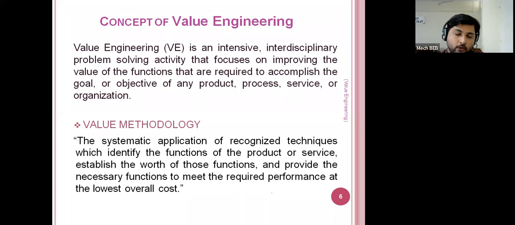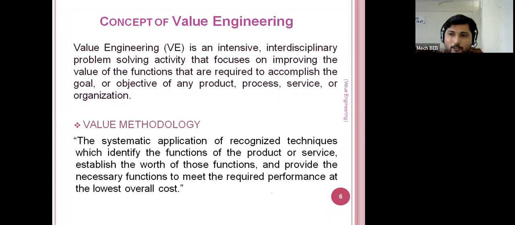Now this value methodology is a systematic application of recognized techniques which identify the functions of a product or service, establish the worth of those functions, and provide the necessary functions to meet the required performance at the lowest overall cost. Okay, getting it, everyone? So what is this value methodology?